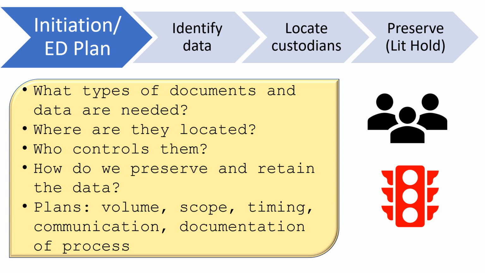Where are they? Who actually controls them? How do you preserve them and retain them? And of course, depending on the volume, scope, and timing, you may need to do specialized communication to those people. You may also need to document the process. In fact, you should be documenting the process, because very often litigation disputes hinge on the documentation of the preservation.